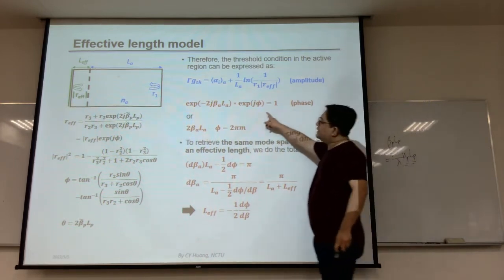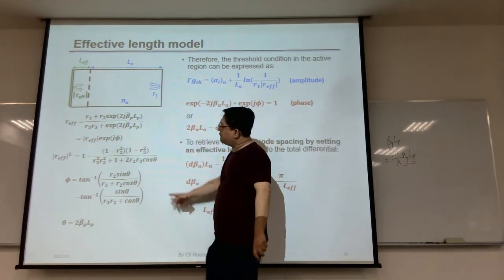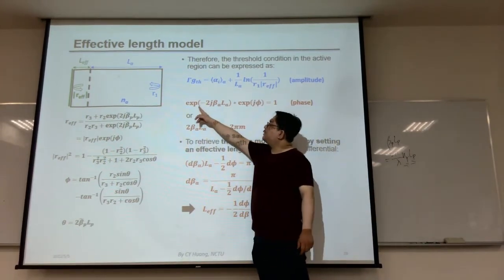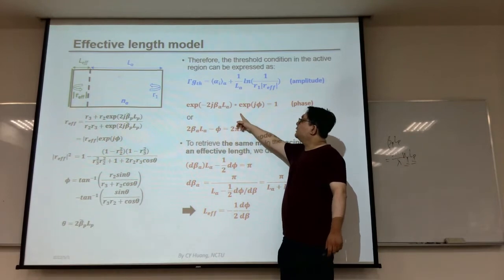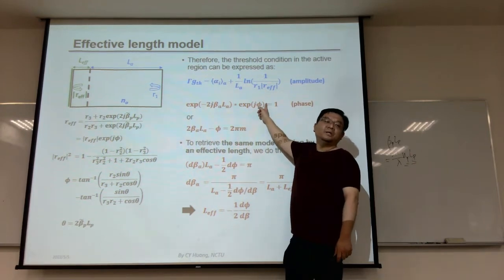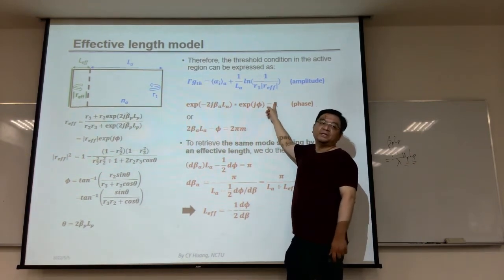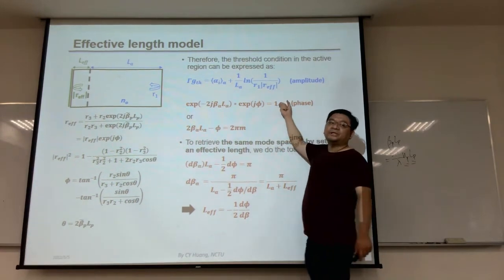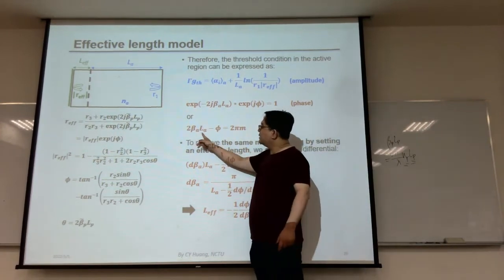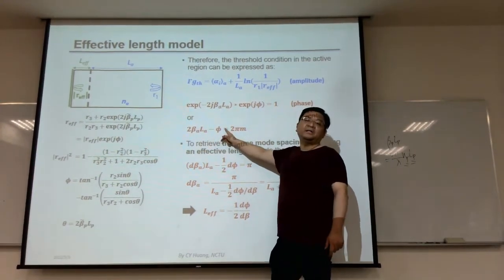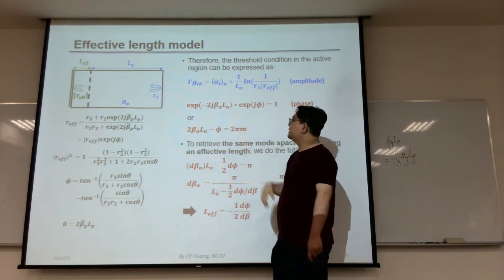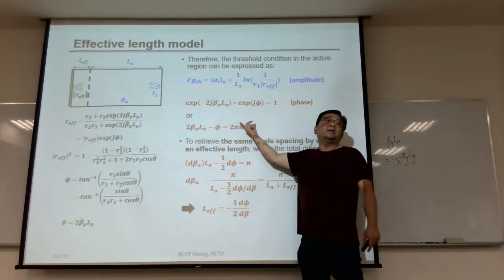This is for the amplitude, and this is for the phase. For the round trip, exponential 2j beta LA will add another phase influence due to the complex reflectivity. So in order to get a resonance in the active region, the phase of the round trip, 2 beta LA minus the phase of the complex reflectivity theta, should still be 2 pi n.